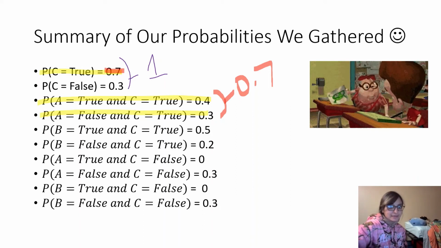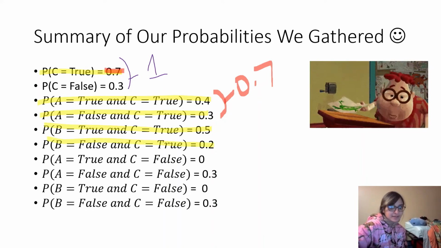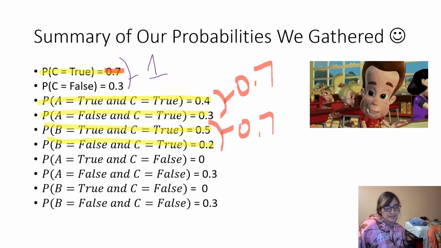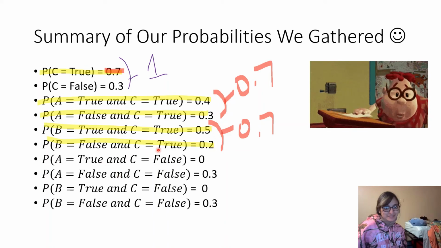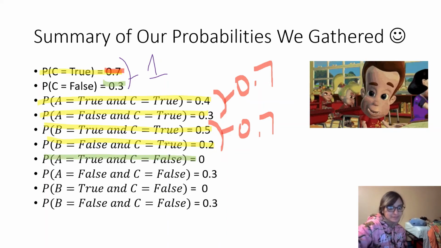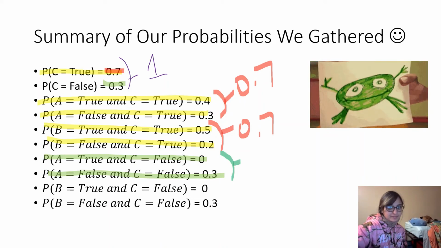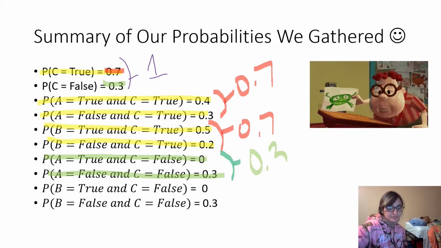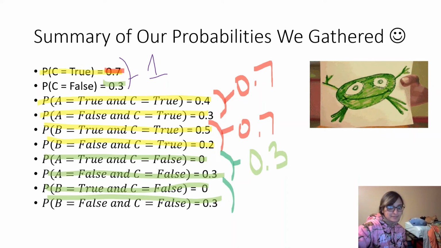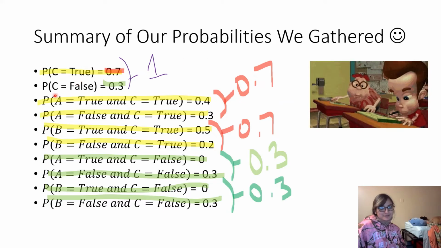Similarly here too, these should also add up to 0.7, which they do. And we also see that when A is true and C is false, these probabilities should add up to 0.3. And similarly, these two add up to 0.3 as well. So these are the probabilities that we have learned so far.